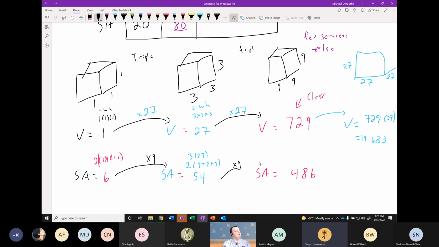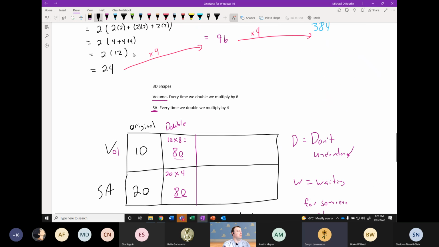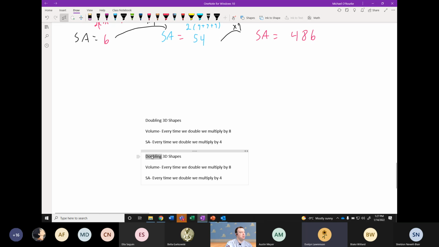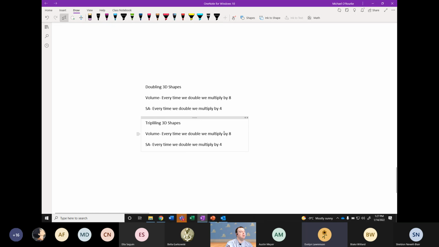Good. So I'm going to go back here. Let's put all our stuff together. Doubling 3D shapes. Let's do tripling 3D shapes here. What was our numbers?